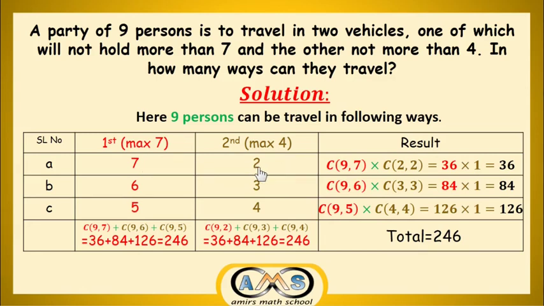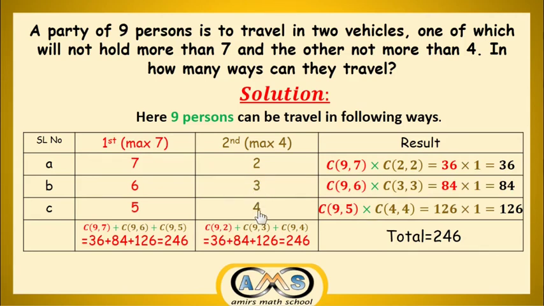In that case, first we have to select these 2 from 9, that is C92, and select the rest 7 from 7, that is C92 into C77. We know the value of C77 is equal to 1. That's why the value will be C92 into C77, which is equal to C92.